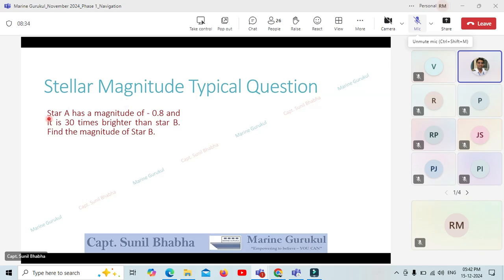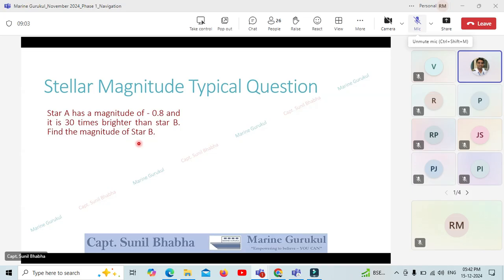The question says star A has a magnitude of minus 0.8 and it is 30 times brighter than star B. Find the magnitude of star B. Now, all these questions which we are discussing are picked up from the past papers. So let us see how do we attempt this question.